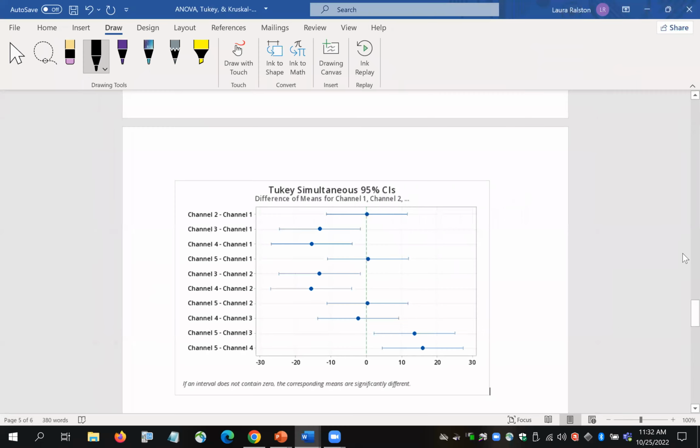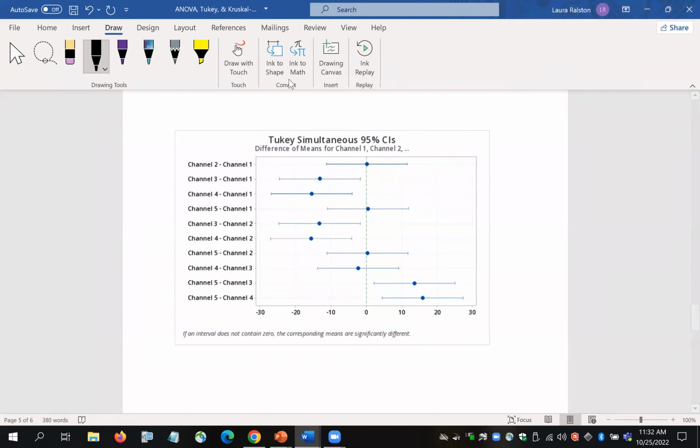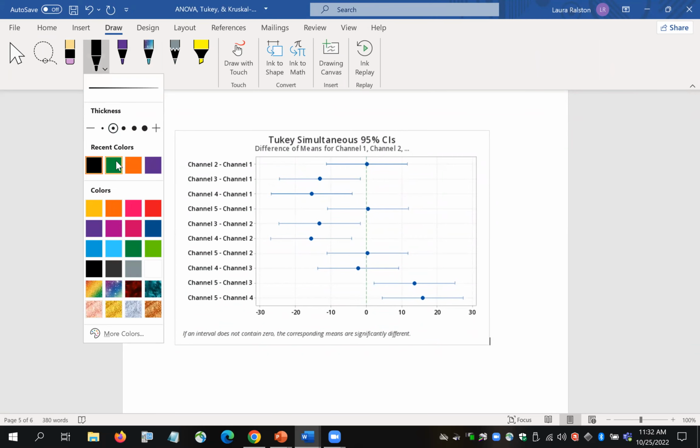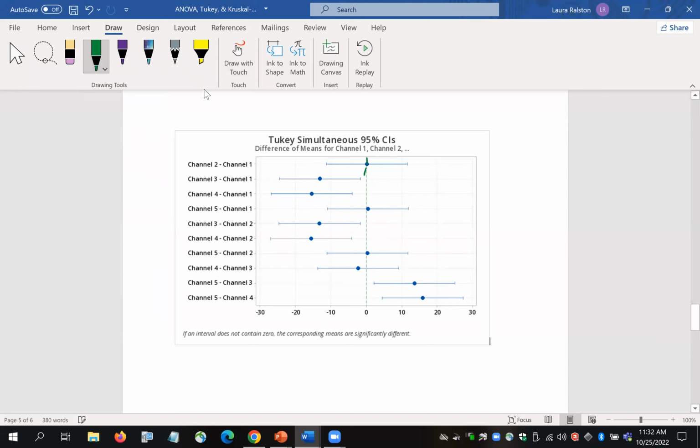So if we're looking at this probability plot, and hopefully you can see it, the 0 line is in green. So when you compare, this one compares channel 3 to channel 1, this one to channel 4 and 1, 3 and 2, 4 and 2, 5 and 3, 5 and 4.